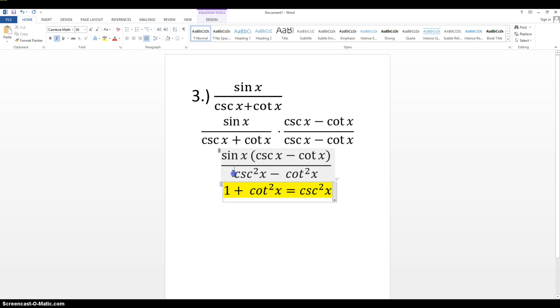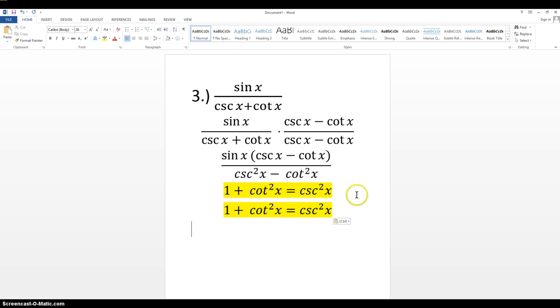As you can see on the bottom part of our problem, we want my cosecant squared and my cotangent squared to be close together with one another. So I'm going to need to move it to the other side. When I move this plus cotangent squared of x to the other side, it becomes what? Minus cotangent squared of x, correct.